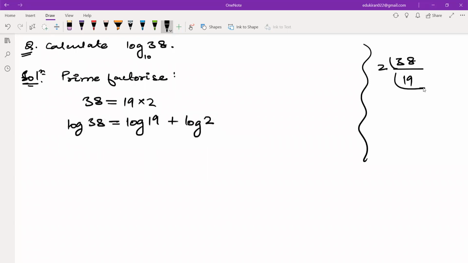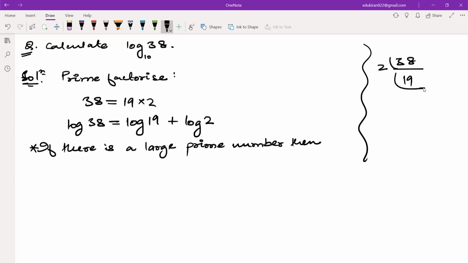Whenever you get a very large prime number while calculating log, approximate it to the next number, not the previous number. Whatever you have, if you have 11, you will approximate it to 12 and not 10. Okay, next number. I will tell you the reason.